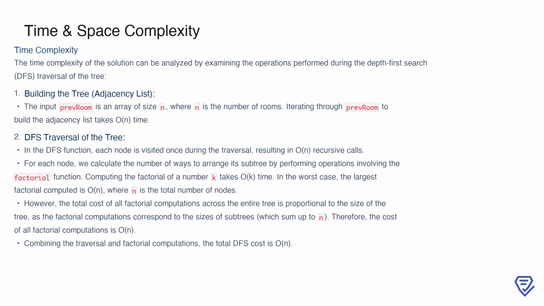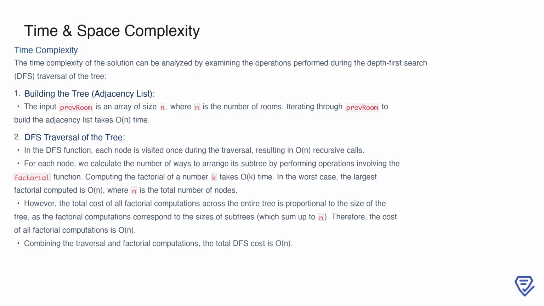For each node, we compute the number of ways to arrange its subtree using the factorial function. Although computing the factorial of a number k takes O(k) time, the total cost of these computations across the entire tree is proportional to the total number of nodes, n. This is because the factorial computations correspond to subtree sizes, and the sum of all subtree sizes equals n.